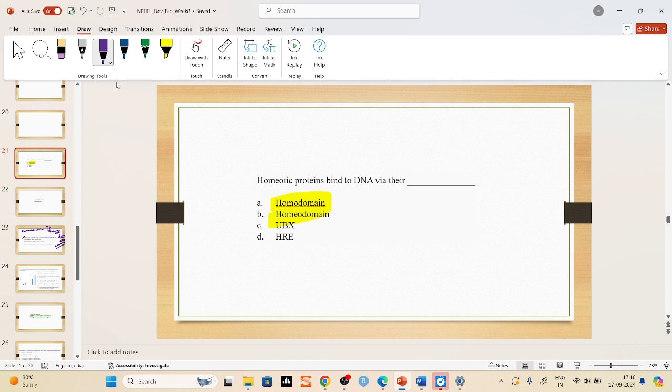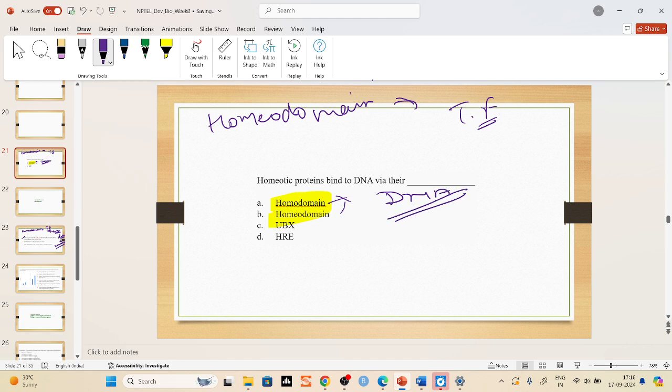So homeodomain is a region of a protein. When we say homeodomain, we are actually talking about a region of a protein. And here this region works as a transcription factor. But homodomain is a term which is mostly used when we want to specify a particular region of a gene. That means on a gene level.